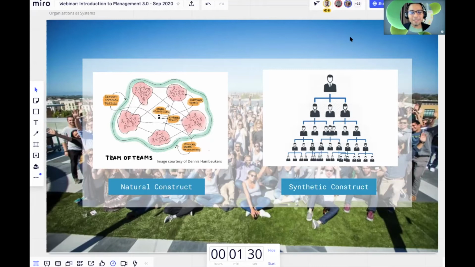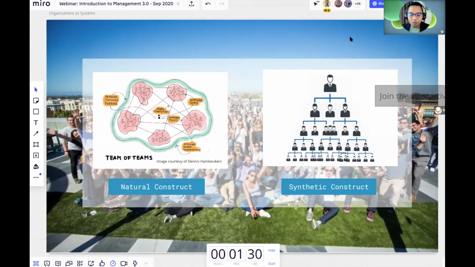But in reality, an organization mimics life outside of the workplace, in nature, in fact. So the organization is actually a system of people, of teams working closely together.